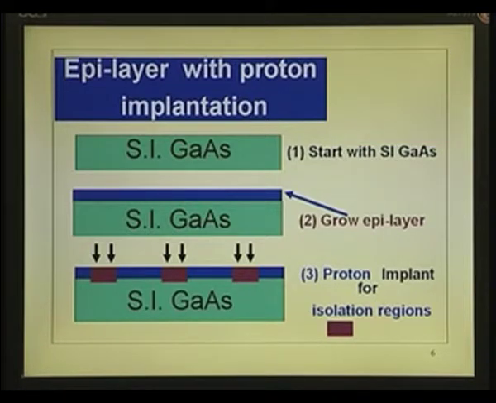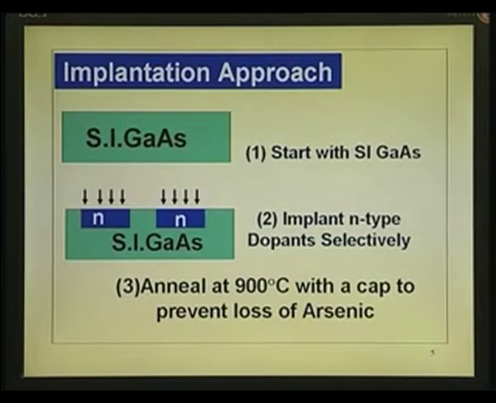Okay, so these are the three different approaches used. Very popular technique still is this one, where one type of implantation species is used. We have in India, for information for all of you, a company called GaAs, Gallium Arsenide Technology, in Hyderabad.